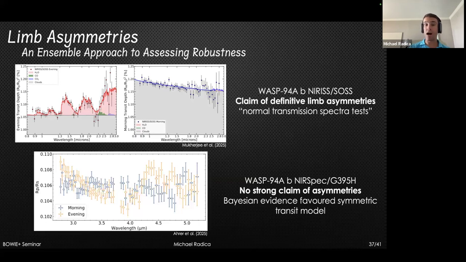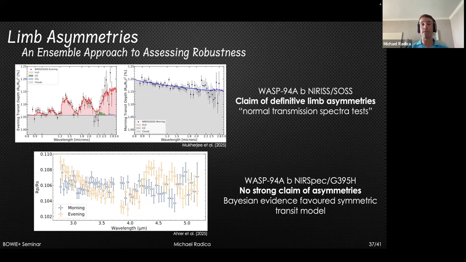On the other hand, Evie published on the same day a NIRSpec transmission spectrum of the same planet, but did what are arguably more robust tests for limb asymmetries and found the Bayesian evidence always preferred the symmetric transit model. So although by eye it looks like there are limb asymmetries present in this data set, they chose the more conservative route and said there wasn't any really strong evidence for limb asymmetries, and left that for later work.